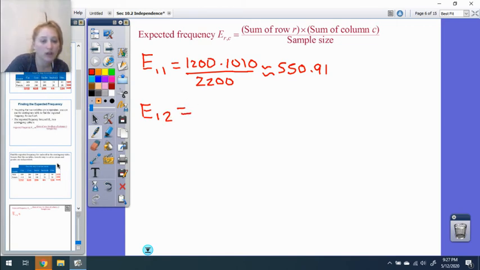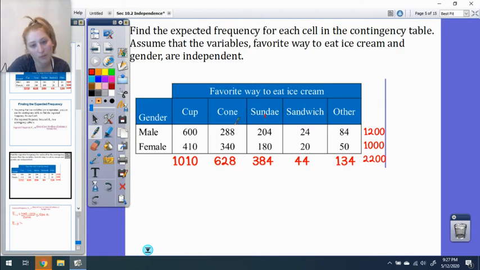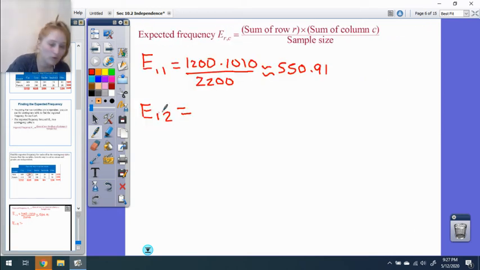So I'm looking at this right here: 1200 times 628, divided by 2200. Then we do the 1,3 spot, so 1200 multiplied by 384 divided by 2200. Then we do this one and then this one. We have to do all of these problems, so you probably want to pause so you can do this as well.